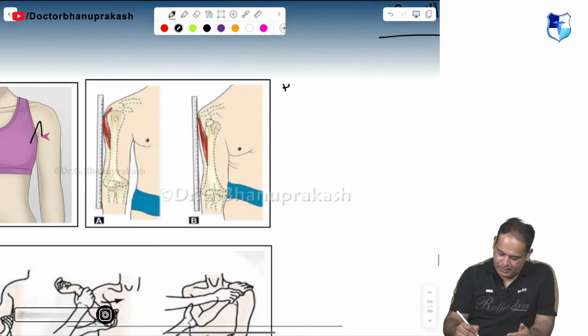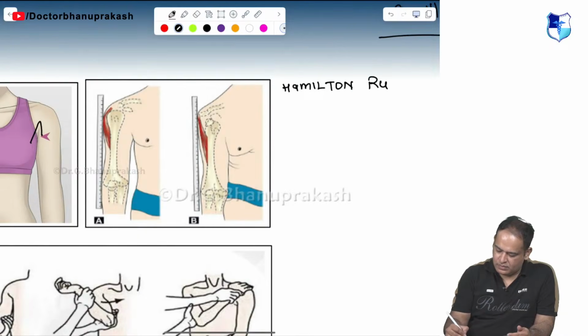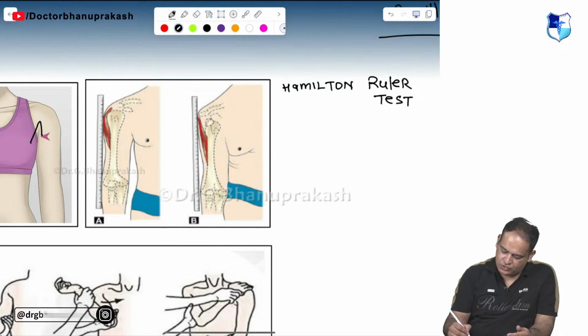Then Hamilton ruler test. So ruler means scale.